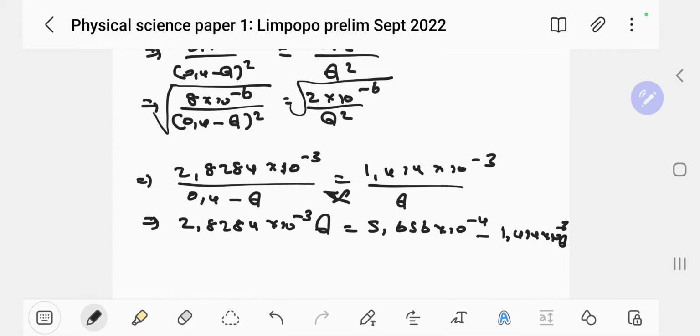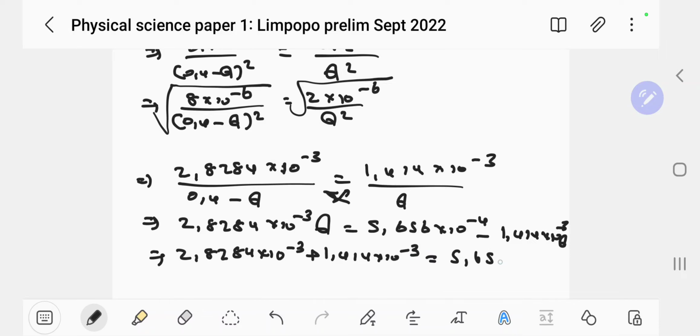So now we have like terms, so we transpose this one to that side. So what we're going to have here: 2,8284 times 10 to the minus 3 plus 1,414 times 10 to the exponent minus 3 is equal to 5,656 times 10 to the exponent minus 4.